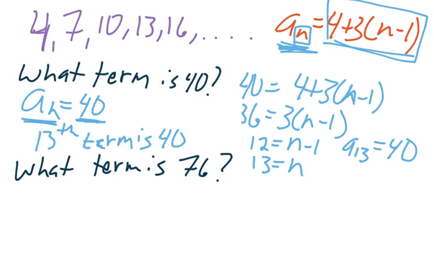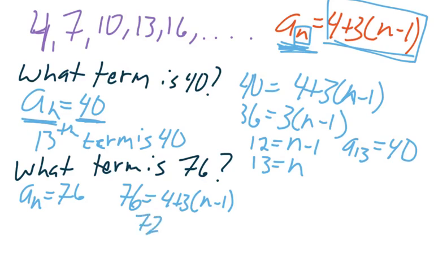And we can do that for our other one as well. So same idea. A of n equals 76. So 76 is equal to 4 plus 3 times n minus 1. 72 is equal to 3 times n minus 1. 24 is equal to n minus 1.